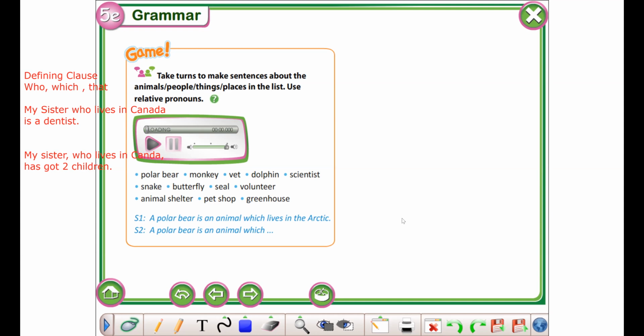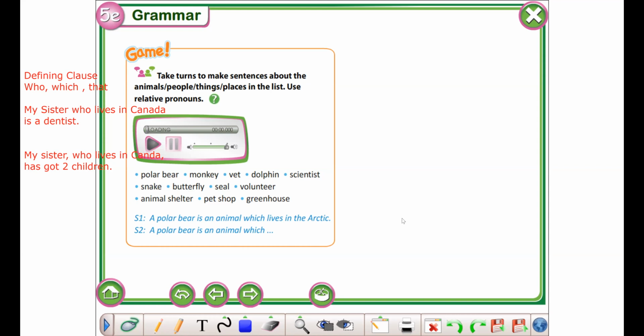Boys, what about you? Can you make other examples with something else, for example? Which one do you want to describe? Mitko? What about a volunteer? Can you describe the word a volunteer? What does it mean?